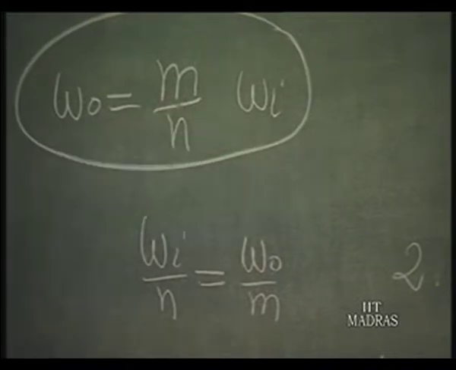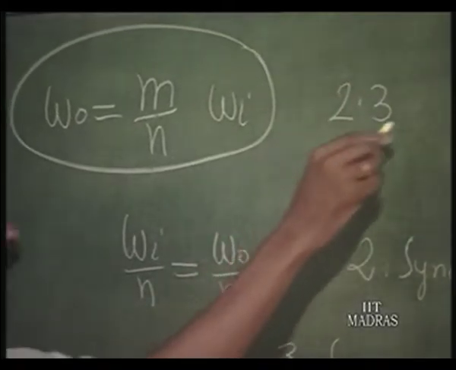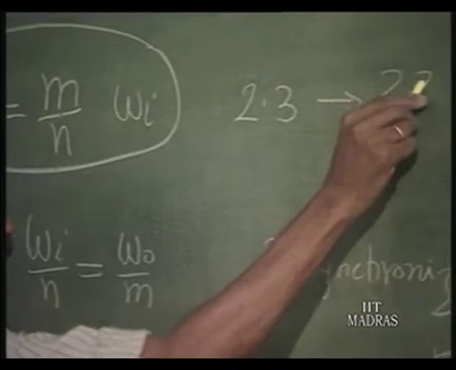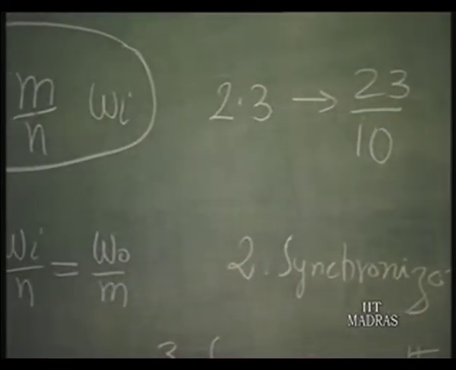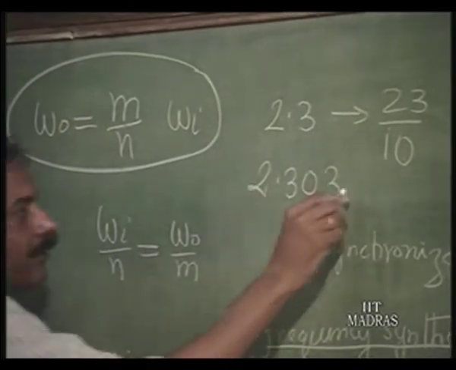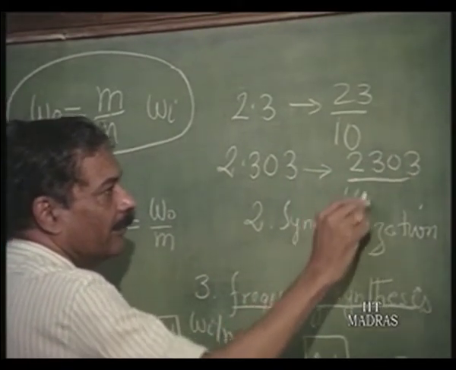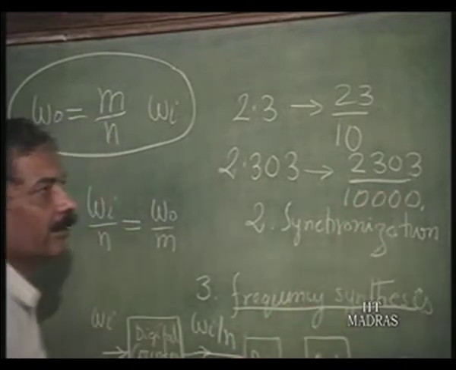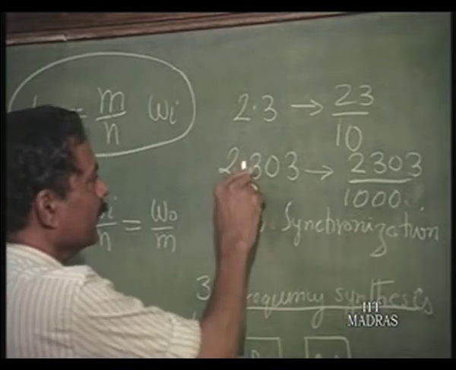For example, let us say you want m by n to be 2.3. So, the best way is this will be 23 divided by 10. You want this to be 2.303. So, this will multiply by 2303 divide by 1000, that is 2.303.